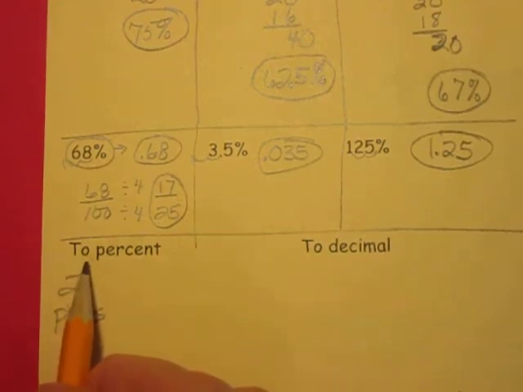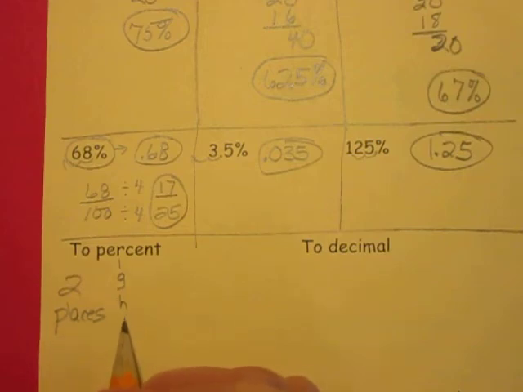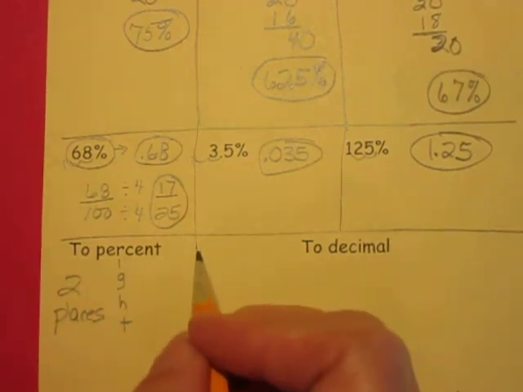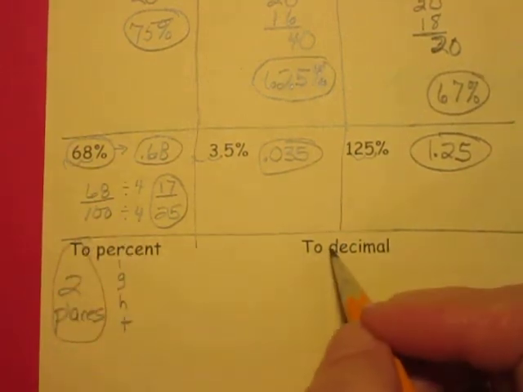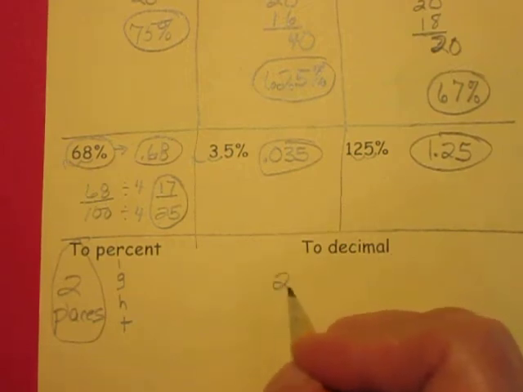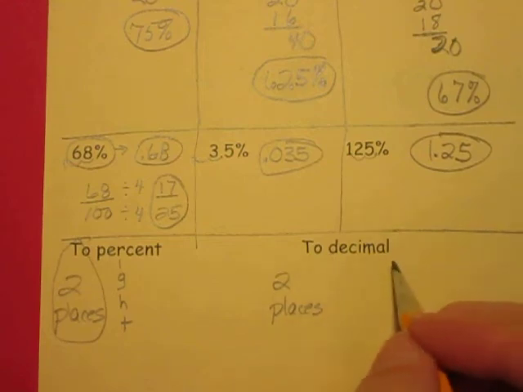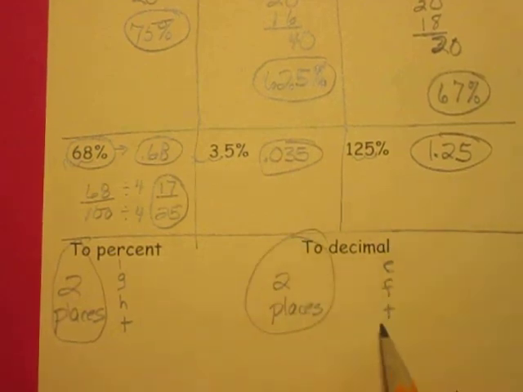But when you're moving to a percent, you know that you're going 2 places to the right because there's an R in percent. That isn't actually a Y, but it's a little way that you can use to keep yourself straight. On the other hand, if you're moving to a decimal, again, you know that you're going to have to move 2 places, but you're going to move 2 places to the left because there's an L in decimal. Again, that's not really Y, but it'll help us remember.